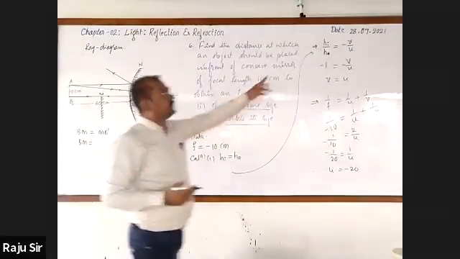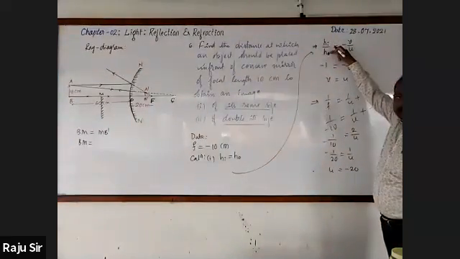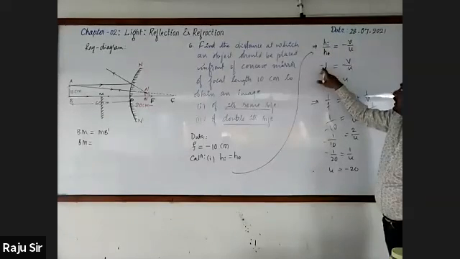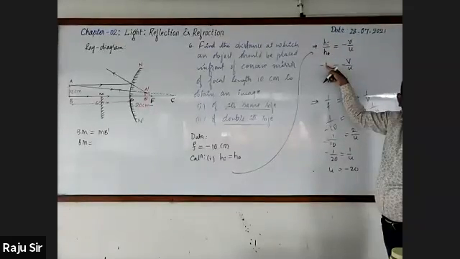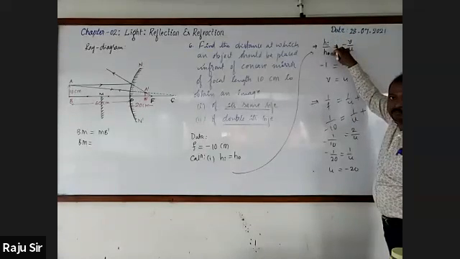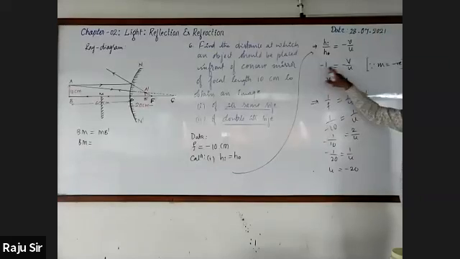So the height of the image and the height of the object are both equal in magnitude, and the magnification will be minus 1, because the height of the image is negative and the height of the object is positive. Here I write m is equal to minus 1, and this is equal to minus v by u. Here the minus signs get cancelled. V is equal to u.